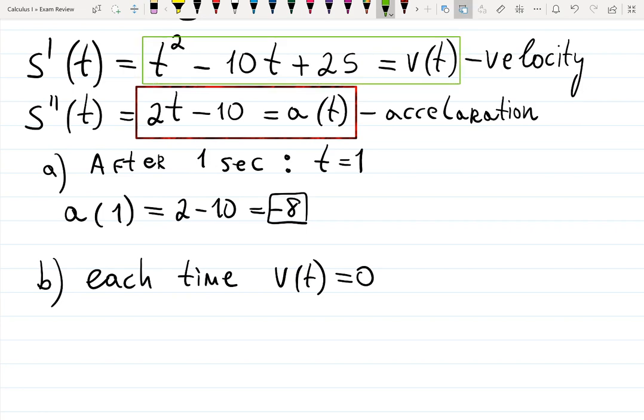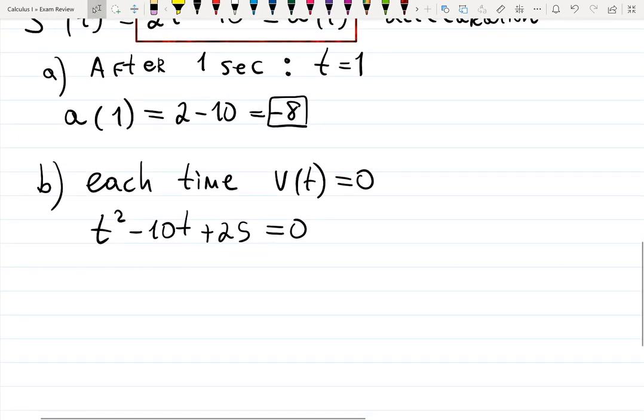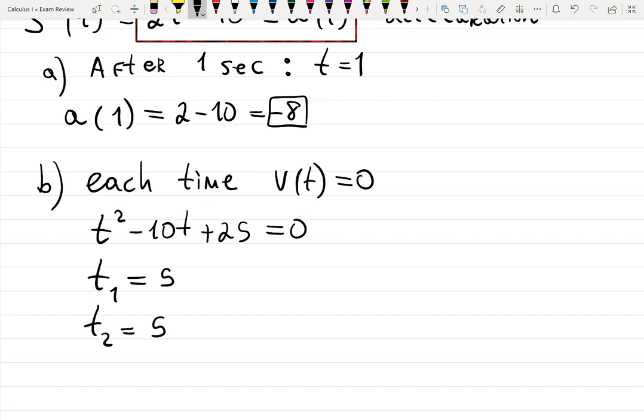Then solve for t when this equation is 0. So I'm going to solve t squared minus 10t plus 25 equals 0 for t. I'll use Vieta's theorem. So the first answer is 5, and the second answer is actually 5 as well, because you could rewrite the whole equation as (t minus 5) squared equals 0.